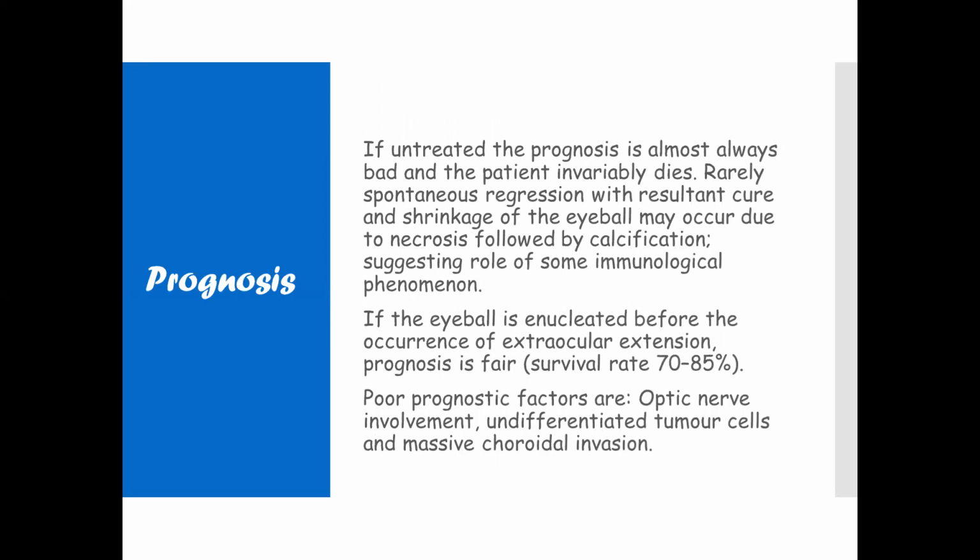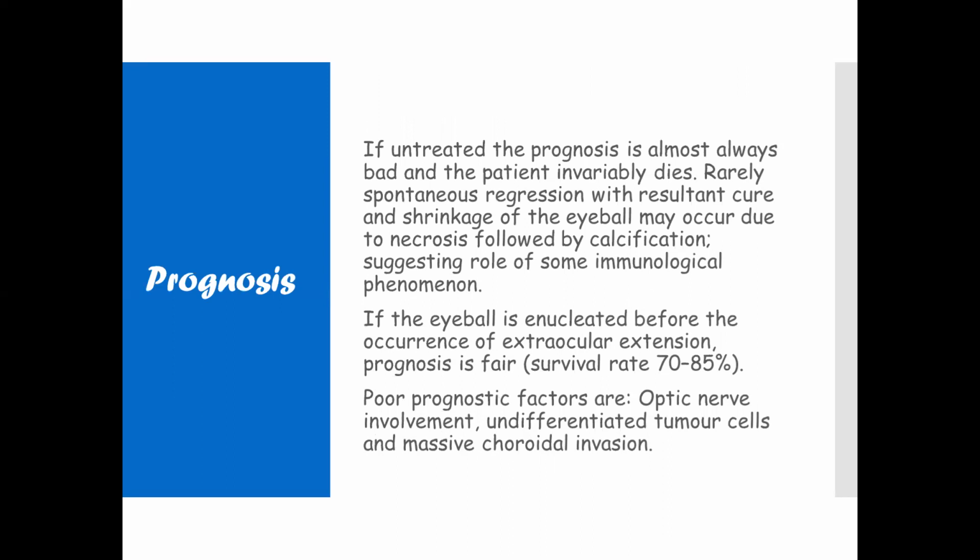So, prognosis. If untreated, the prognosis is almost always bad and the patient invariably dies. Rarely, spontaneous regression with resultant cure and shrinkage of the eyeball may occur due to necrosis followed by calcification. That suggests a role of some immunological phenomena.